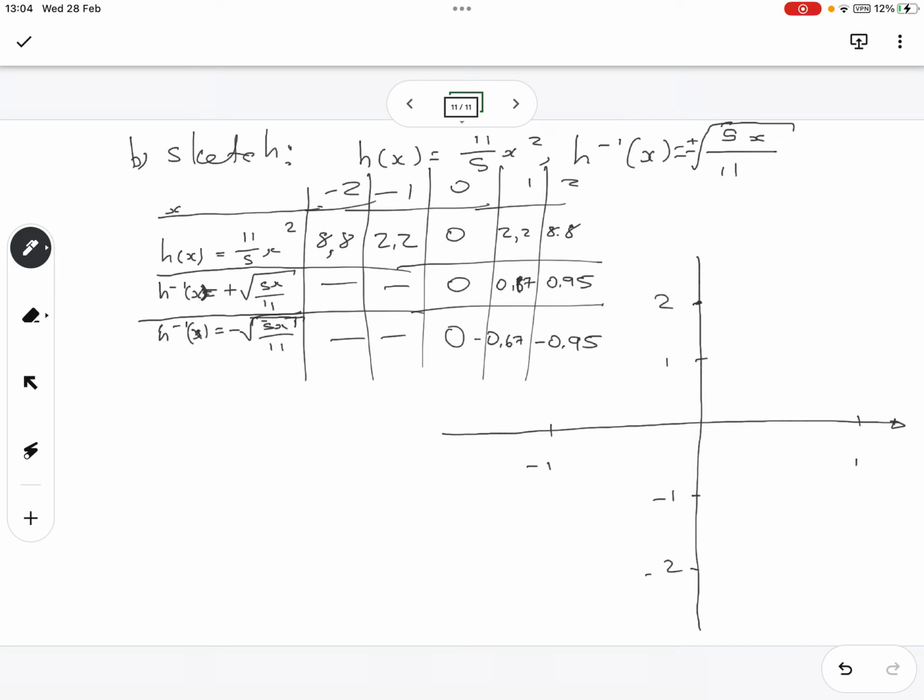Yeah, I think we'll do it like that. Because h of x has 2.2, we might have to go a little bit above 2 on the y-axis.